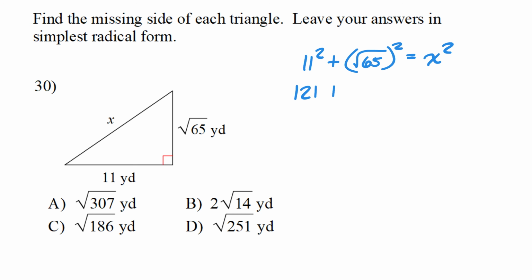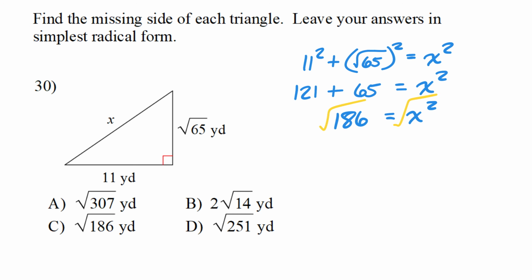Remember, when a square root meets a square, it's just the number. In this case, that's 65. And then we're looking for x. So 121 plus 65 is 186, equal to x squared. I then take the square root of both sides.